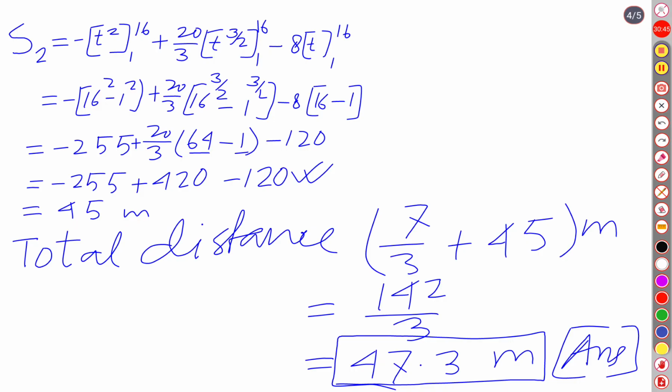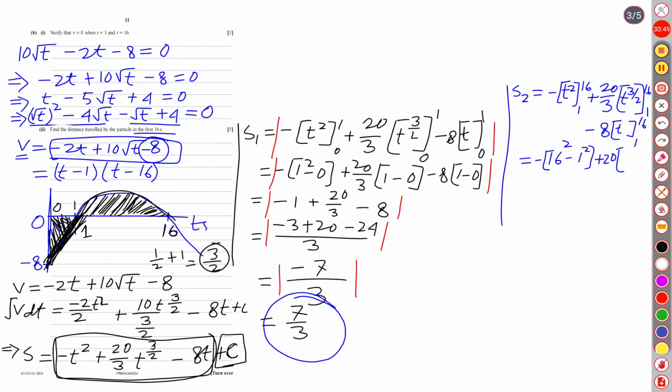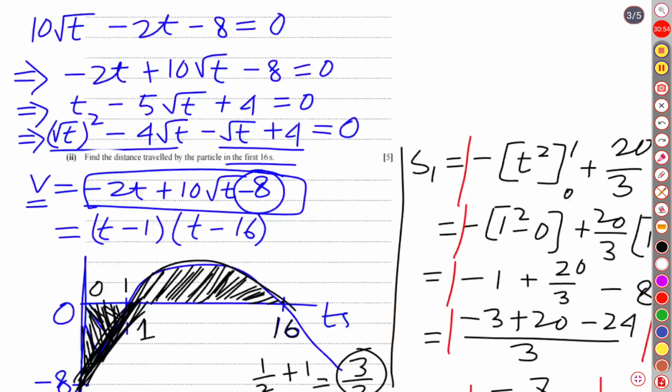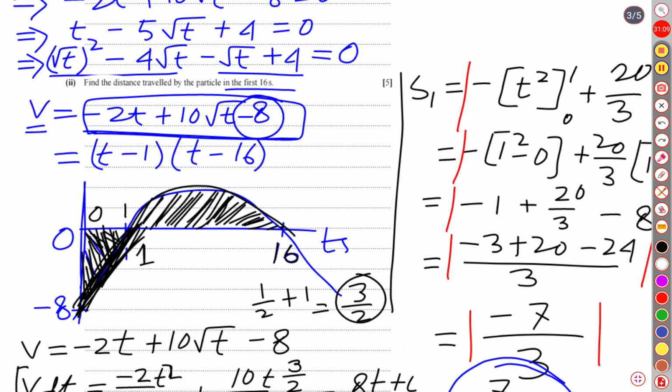So what is the concept we have learned from this? They have told us to find the distance, and we know that if the velocity is given, then easily we can find the distance by integrating the function. But the problem will arise if we start finding the distance directly from 0 to 16.